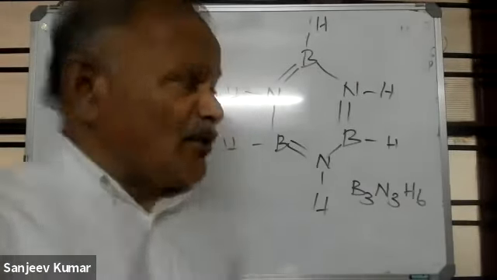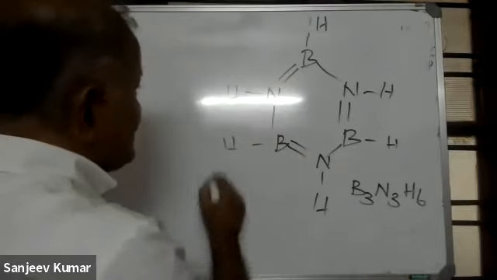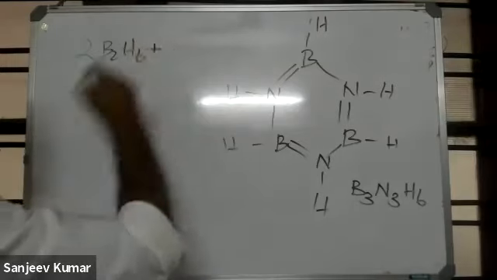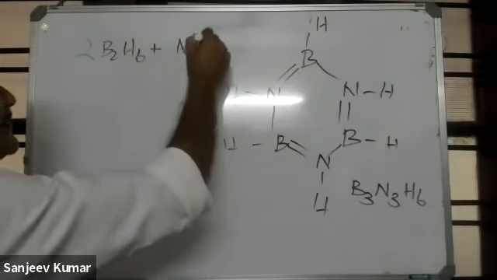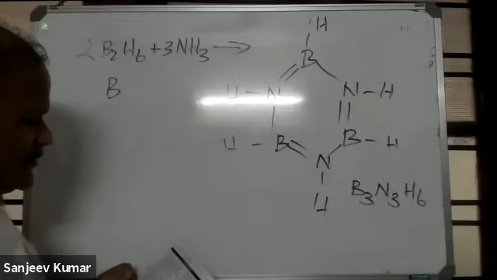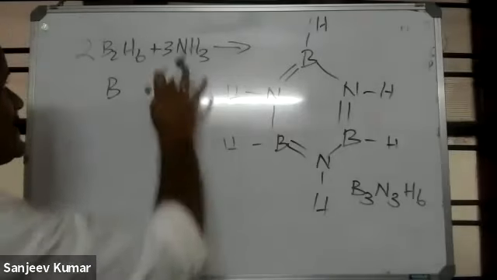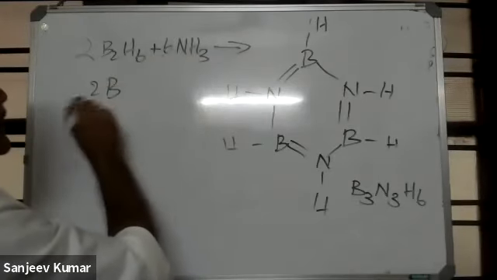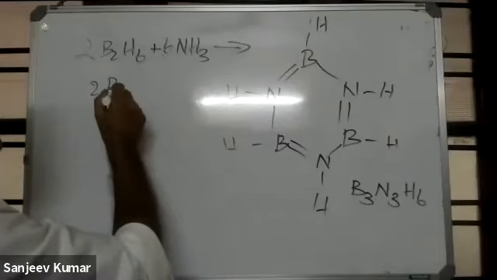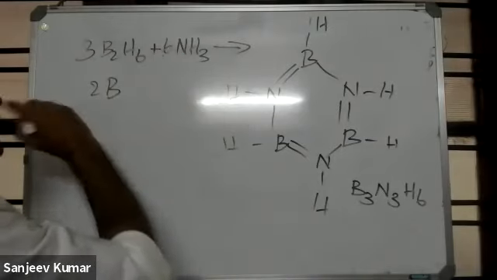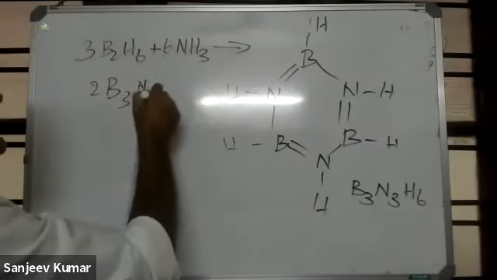When diborane, B2H6, is treated with ammonia, 3B2H6 plus 6NH3 gives 2B3N3H6.